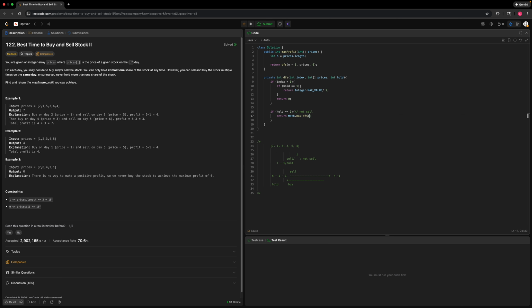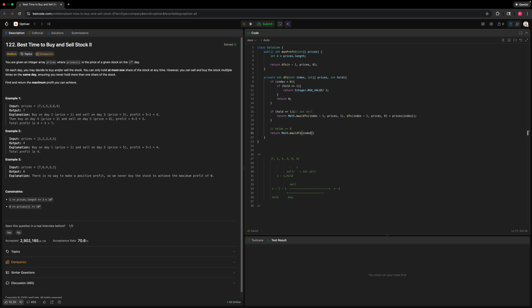DFS previous index minus 1, previous is prices, already hold. Or the DFS prices and the previous 0, current now I buy it. And for here the hold is equal to 0, so we have two options.